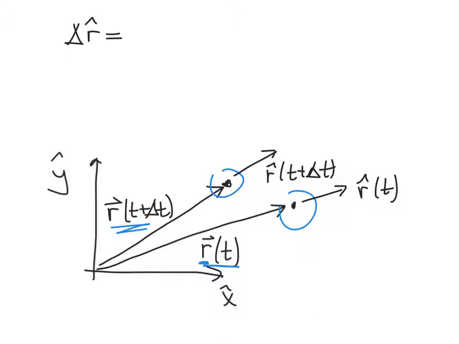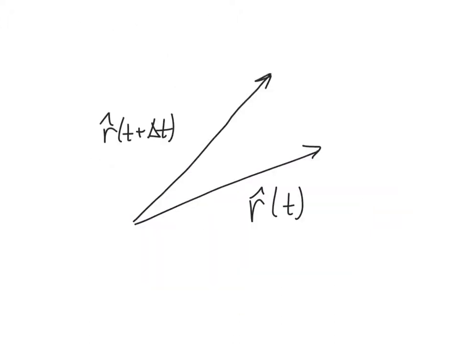So we're going to calculate this difference, r hat at time t plus delta t minus r hat at t. So highlighting just the basis vectors now, r hat at t plus delta t. We stick their tails together like this at the origin.